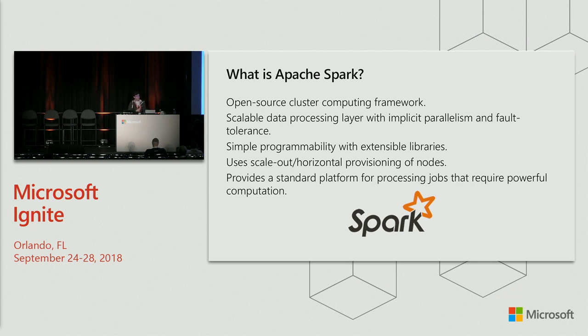Apache Spark is an open source cluster computing framework. It can be parallelized, so it provides scalable data processing through implicit parallelism. Simple programmability: it is hosted on two main environments, Scala and Python, and you can just import custom libraries.